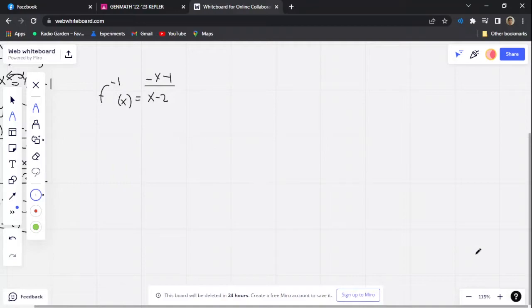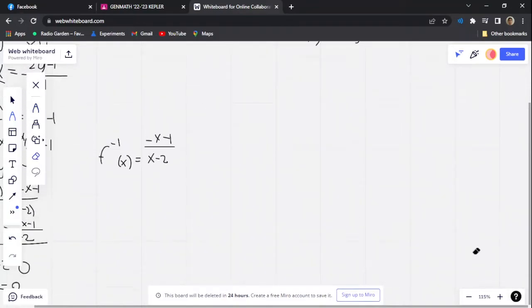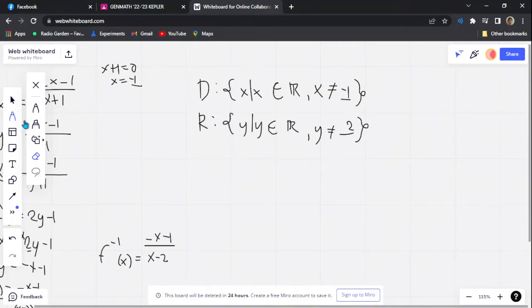So, ang range sa atong given function which is 2x minus 1 over x plus 1 kay mao kuno ang domain sa atong inverse function. Same goes with the domain of the given function. Ang domain kuno sa given function mao kuno na ang range sa atong inverse function. So, mura siyang nagkabaliktad ba?